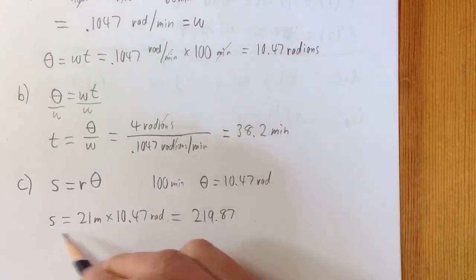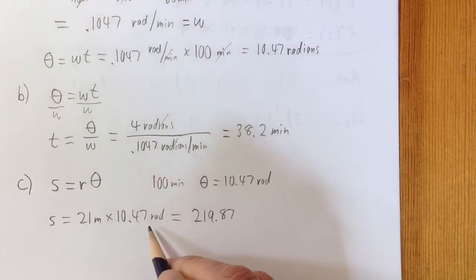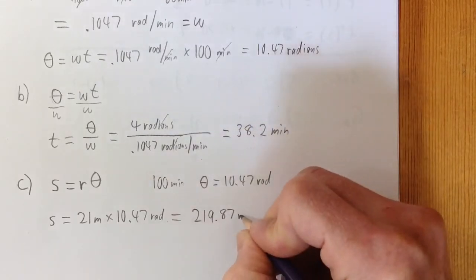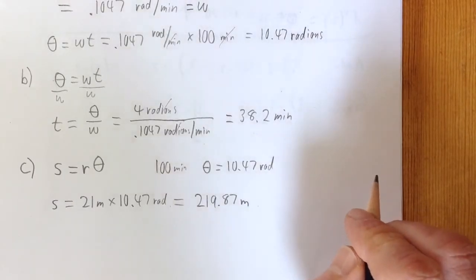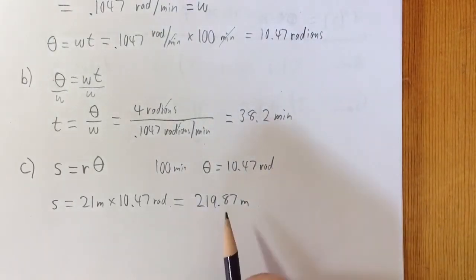And for units, we have meters, and again if we have radians, we just get the natural unit, so it's in meters. So 219.87 meters is about the distance you go.